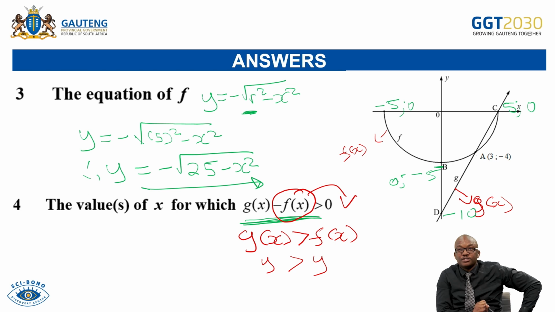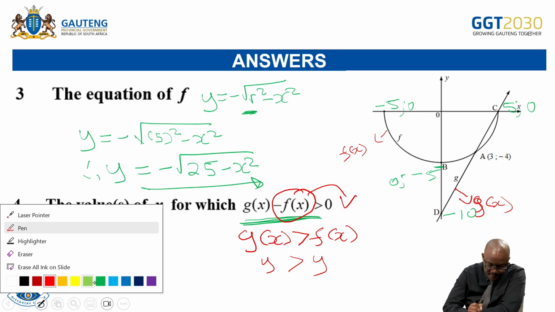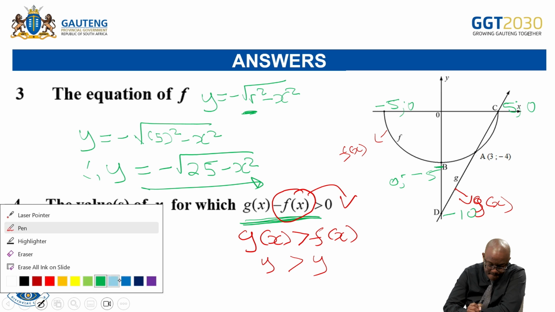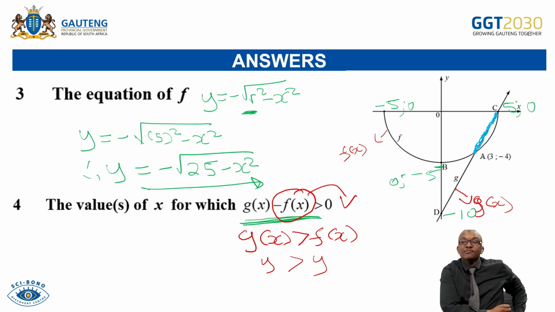And we have the graph of g and the graph of f. In this case, we look at this part here. The graph of g is on top of the graph of f where? From that point of C to that point of A. The shaded part there of a straight line.